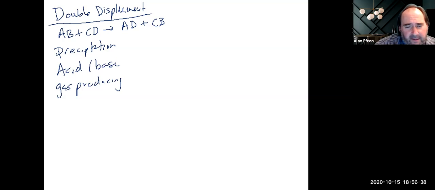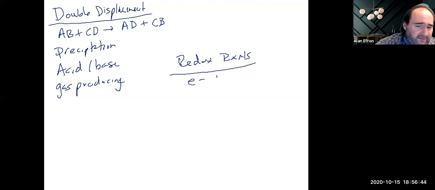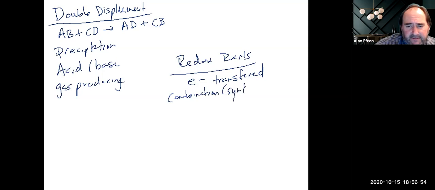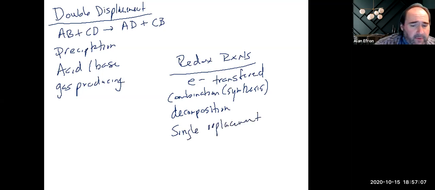And then the other big umbrella is our redox reactions, which usually involve an electron being transferred. Underneath our redox reactions, we had our combination reaction, our synthesis, our decomposition reaction, our single replacement reaction, and also our combustion reaction.